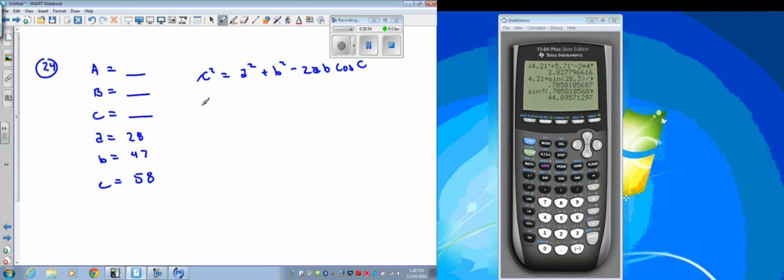So once again, we're going to do this: 2AB cosine C equals A squared plus B squared minus C squared.